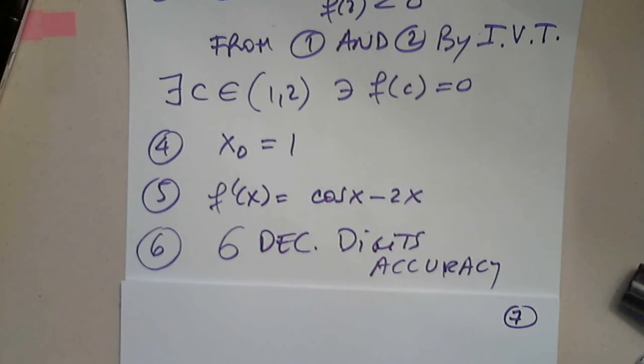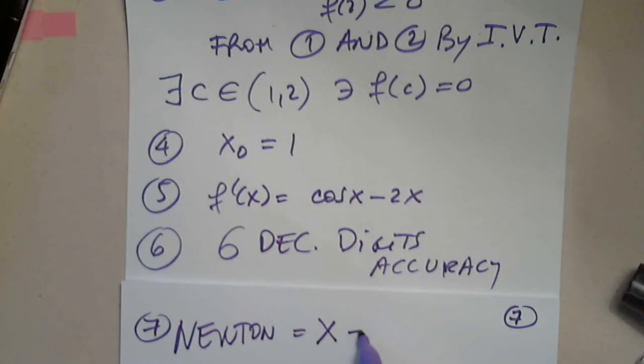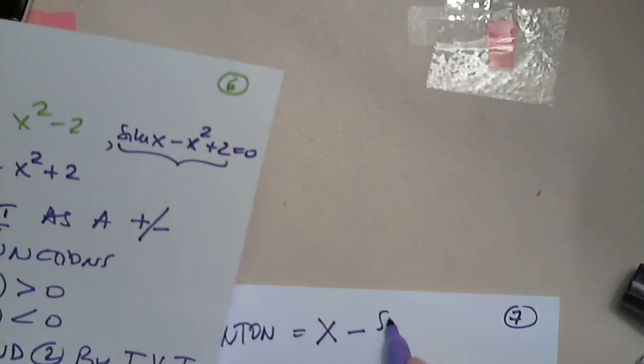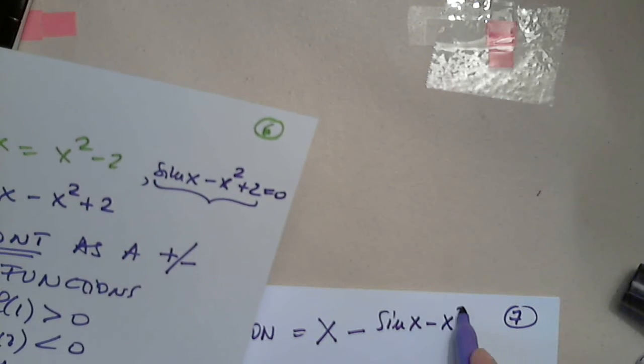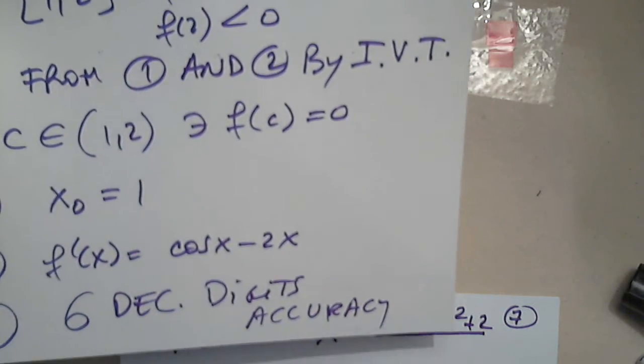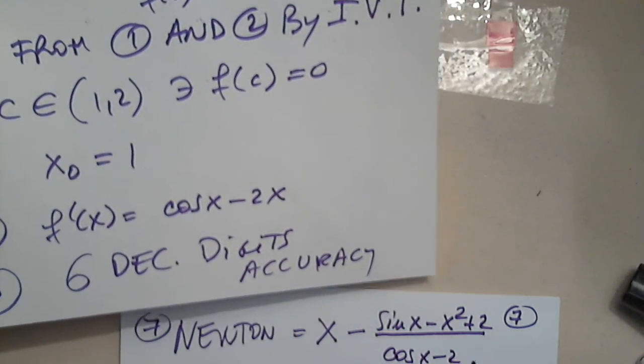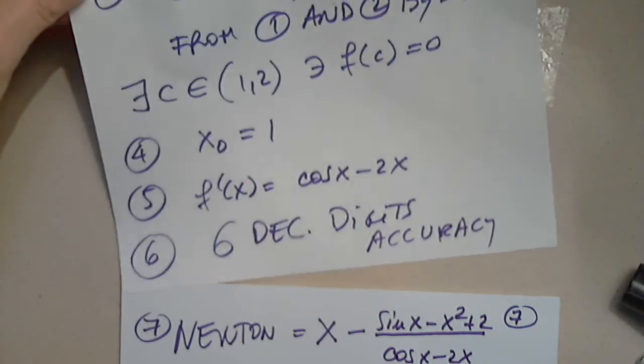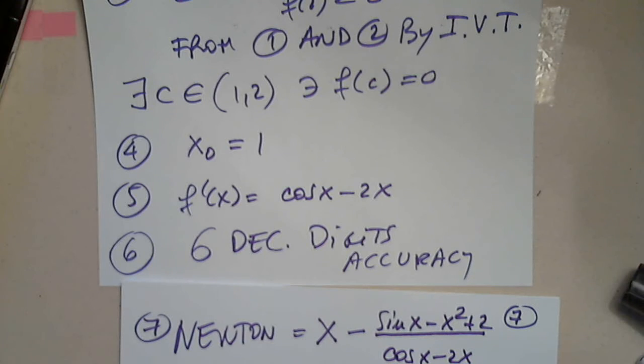And now I start in step 7, if you want, Newton's method, which has to be x minus f of x, and everything divided by f prime of x. This is what I plug in the calculator.